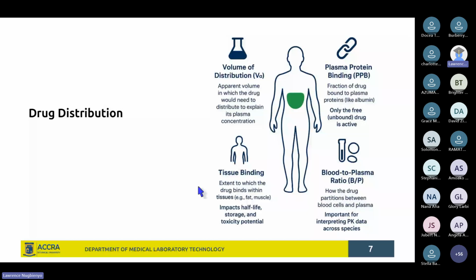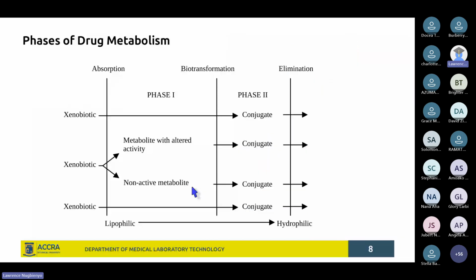Now, when you come to drug metabolism, which we also refer to as biotransformation, this is divided into 2 main phases. We usually refer to it as phase 1 and phase 2 of biotransformation.